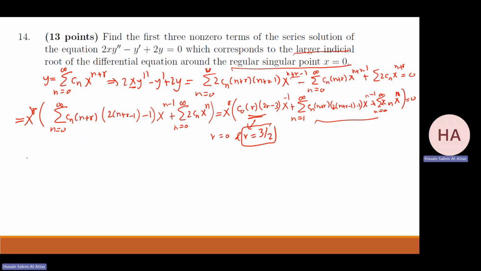So I have summation x to the power r. I'll do this k equals n minus 1 here and k equals n here. So n equals k plus 1. Don't forget that.